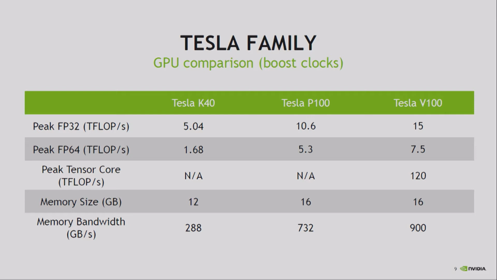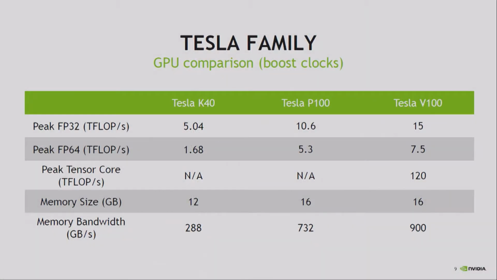But the tensor core performance is just beyond 100 teraflops because of these special cores. Now, this is mixed precision, of course. So this is not FP32 or FP16. It's mixed: multiply in 16 and then sum in 32-bit.